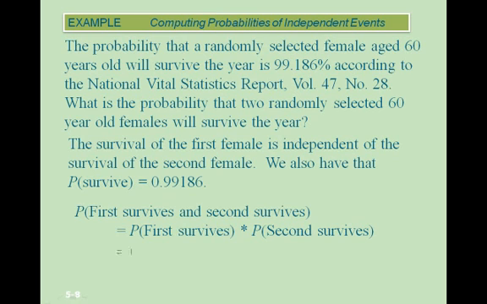So it'll be equal to 0.99186 times 0.99186 again. Or we could write 0.99186 to the second power, since we're multiplying it by itself twice. And this would then give us a value of 0.9838.